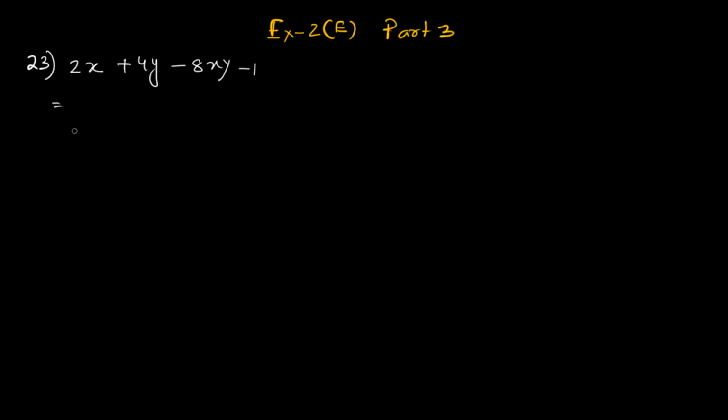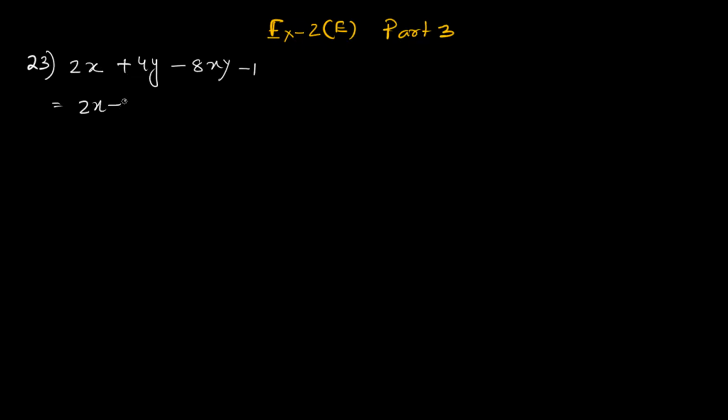Anyway, if I take the first two terms together and try to take common, and then the second two terms together, the factorization cannot be completed. So what I can do is take 2x minus 1 and 4y minus 8xy.